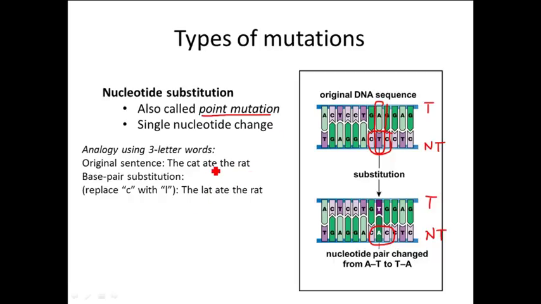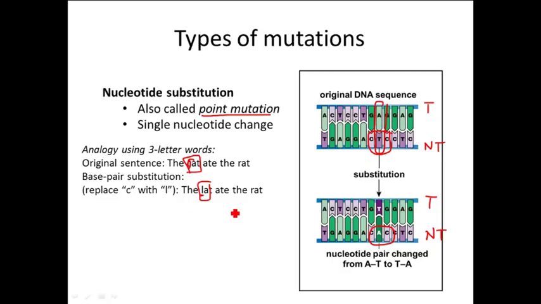A base pair substitution would be like if you took one of these letters, say the C, and you made it into an L instead. And now you have the lat ate the rat, which doesn't make sense, right? But you've only changed this one word from cat to lat. So you haven't changed the meaning of the whole sentence, just that word.